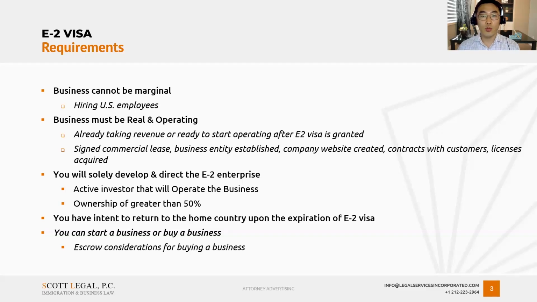So if your E2 business is barely making income just to cover the E2 investor and family members' living costs, then the government would not like it because it wouldn't create any jobs in the United States. Therefore, your E2 business should create enough income to hire US employees.